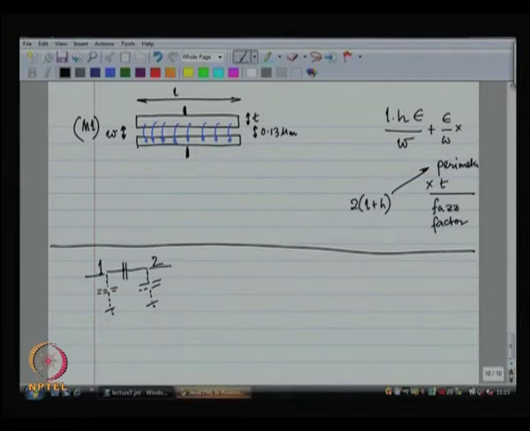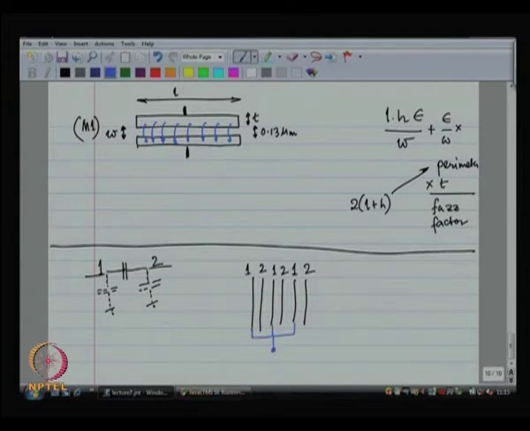So, how do capacitors look like finally? Well, you could make a parallel plate capacitor look like that.